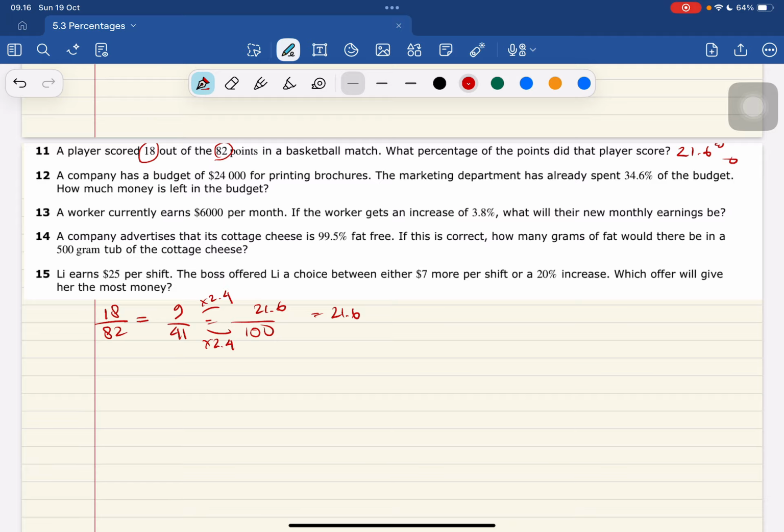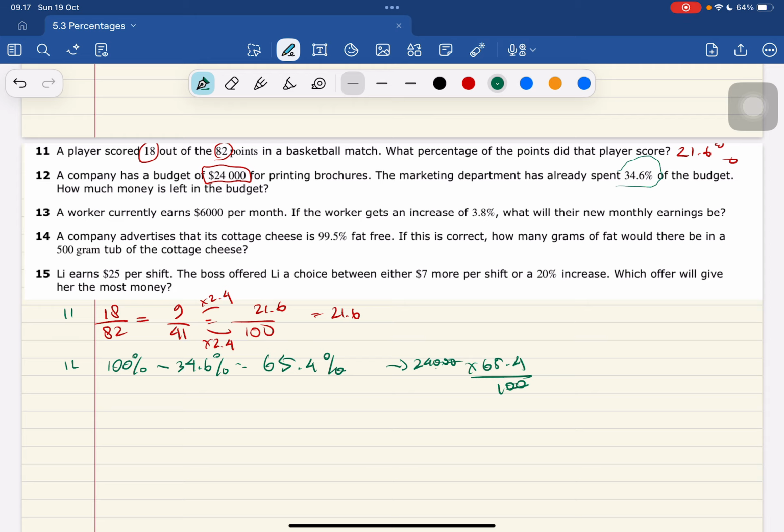Okay, next, a company has a budget of $24,000 for printing brochures. The marketing department has already spent 34.6%. How much money is left? So for number 12, 100% minus 34.6%. This is 65.4%. So let's multiply it with 24,000. So 24,000 times 65.4 over 100.